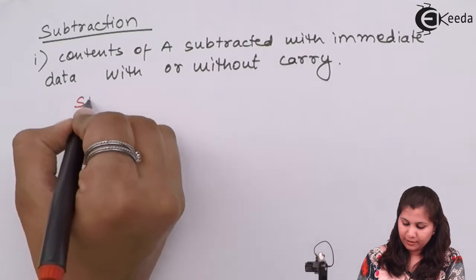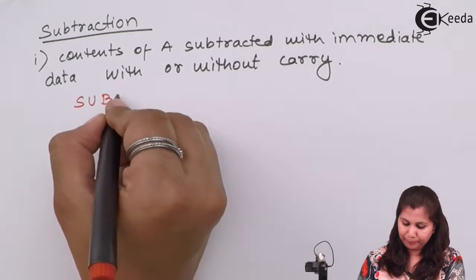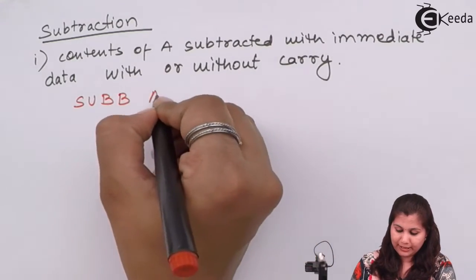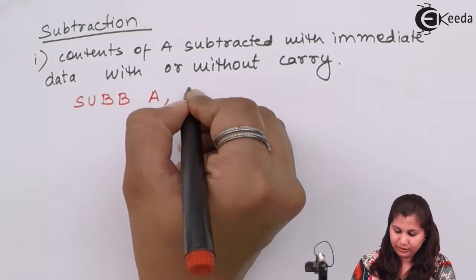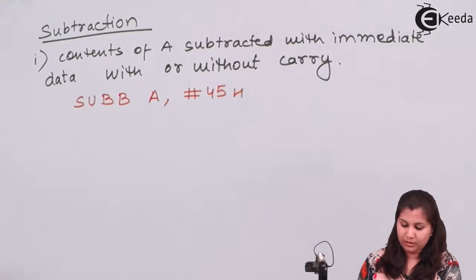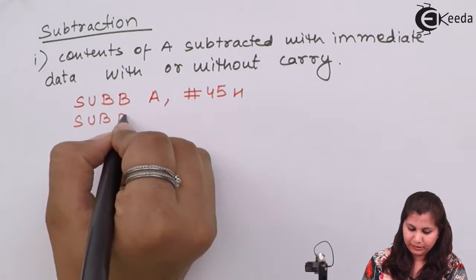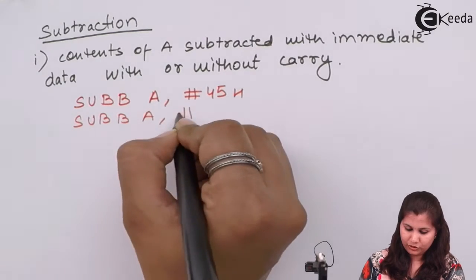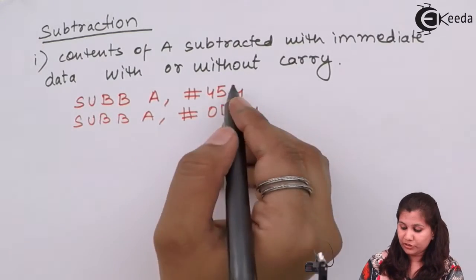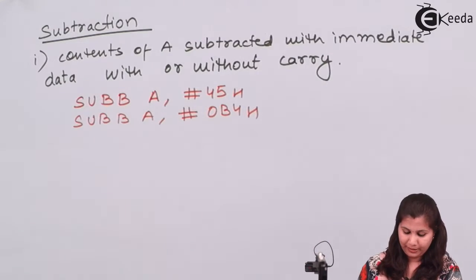Examples of this are, the mnemonic for subtraction is SUBB. Subtracting the contents of A with the immediate data, then again SUBB A, comma immediate data 0B4H. So here the 8-bit data is given in the instruction itself.